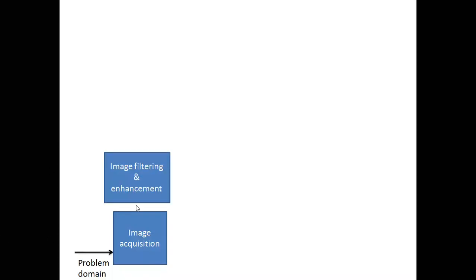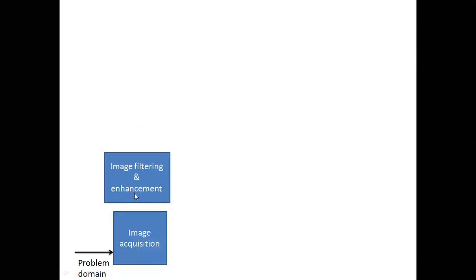Once you get the image, you'll be manipulating it in order to increase its quality. For example, if you have taken the image in a dark area, you need to increase the brightness. In order to do that, you'll be enhancing the image. Enhancing means manipulating the original image so that it becomes clearer.